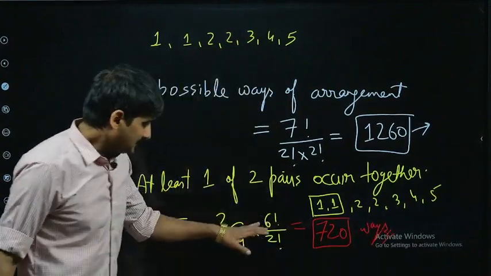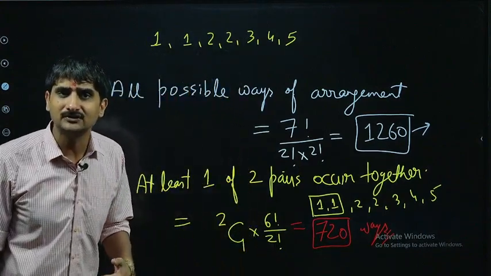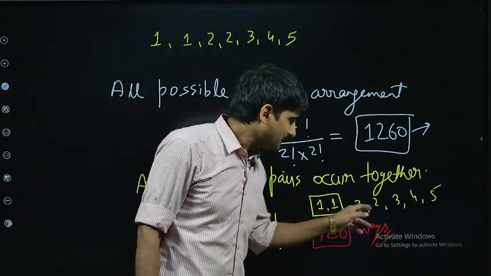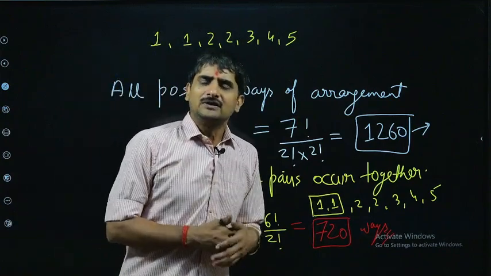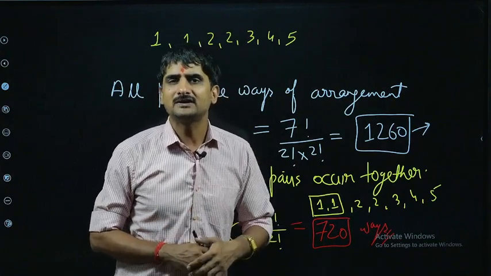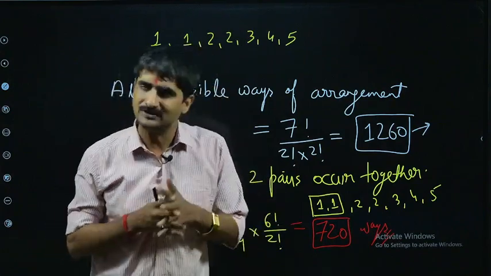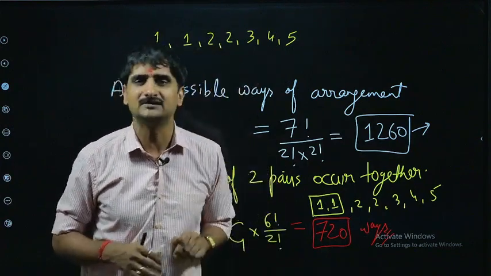But in this case, of course, we will be including some cases twice, because we are arranging 2 2 3 4 5 in any random way. So that will include when both the 2s are also together. That's what we mean when we say at least one pair occurs together. That obviously includes when both pairs occur together, but then there is a repetition. Why?